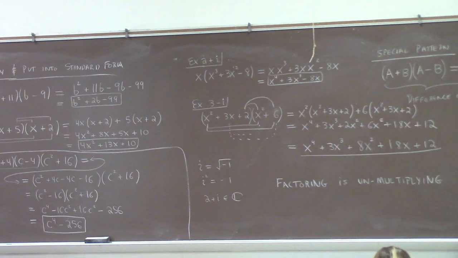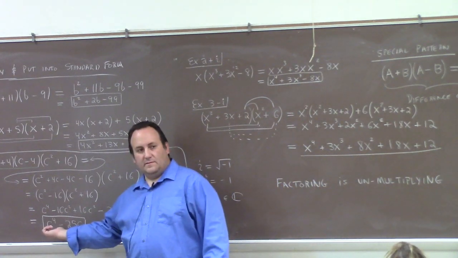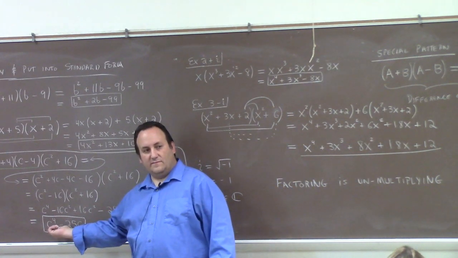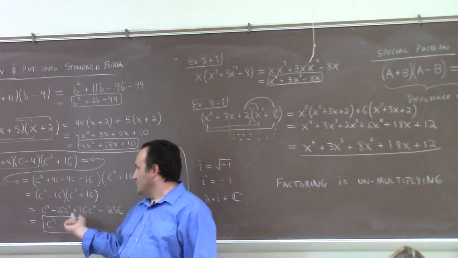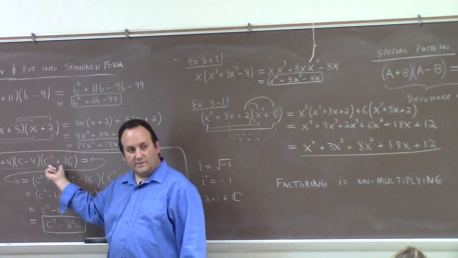So if you look at some of these examples backwards, they're examples of factoring. For example, this c to the fourth minus 256 factors to c plus 4 times c minus 4 times c squared plus 16.